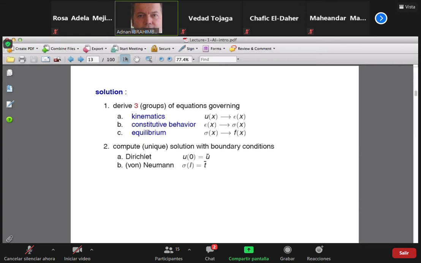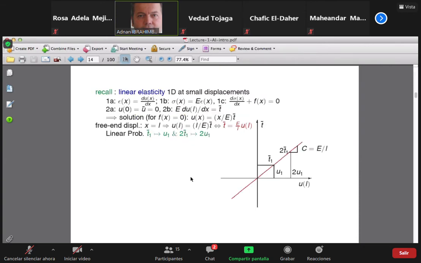You actually specify displacements at certain points of the boundary, and on the remaining points of the boundary, you can specify the stress. That depends on what the rest of the structure is doing to the component that you're studying. So the combination of these imposed displacement and imposed stress should cover the whole boundary. Then you have a well-posed problem. Of course, they cannot intersect. In other words, either you impose displacement or you impose the stress. And then basically you can be sure to be able to compute a unique solution to your problem.